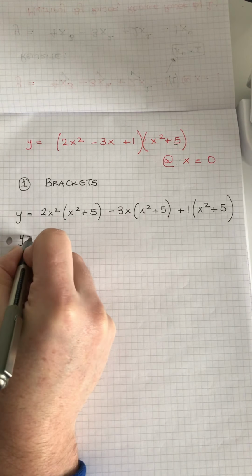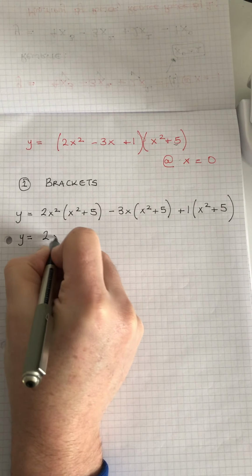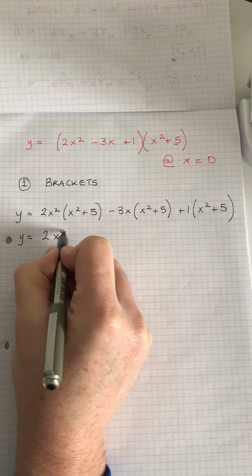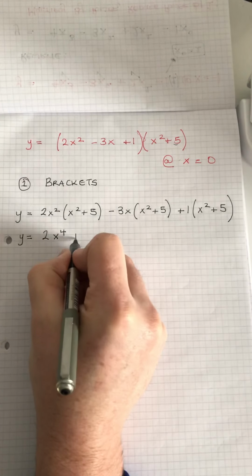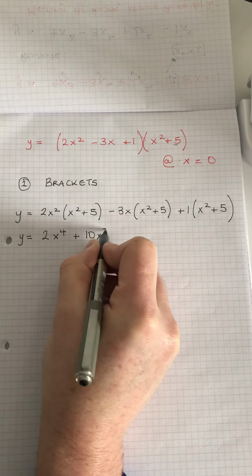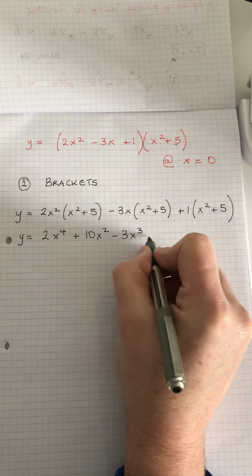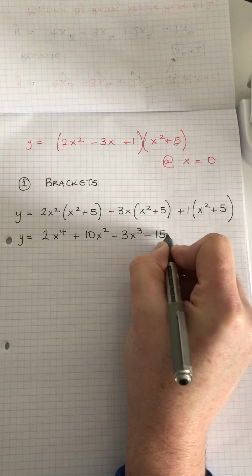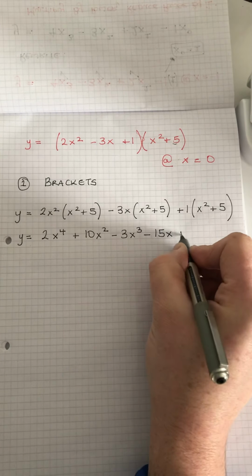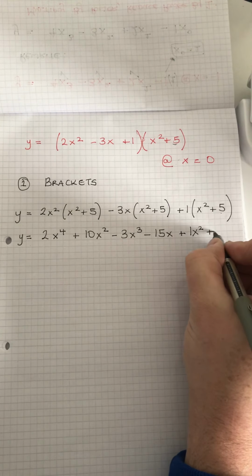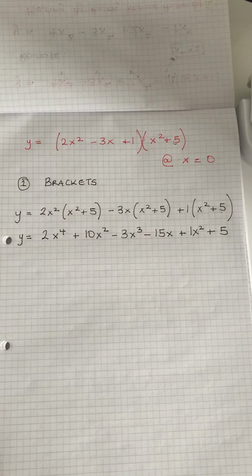Multiply out, y equals 2x squared by x squared is 2x to the power of 4, plus 10x squared, minus 3x cubed, minus 15x, plus 1x squared, and 1 times 5 is plus 5.